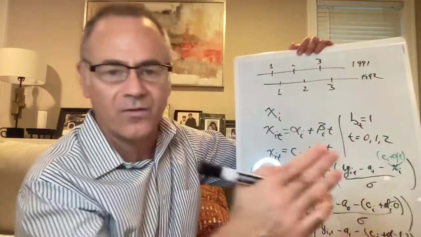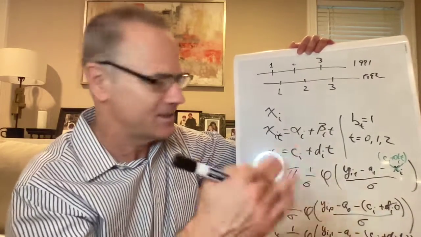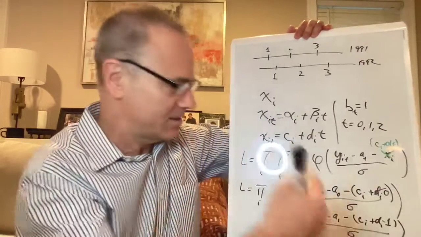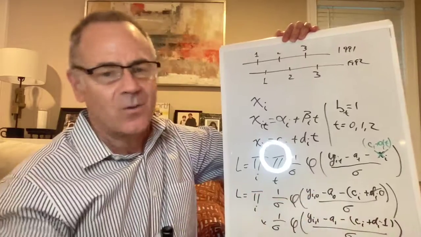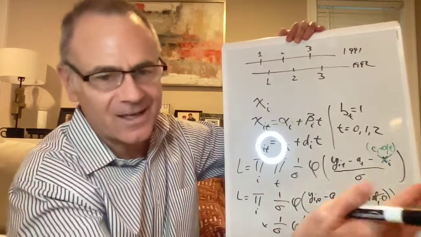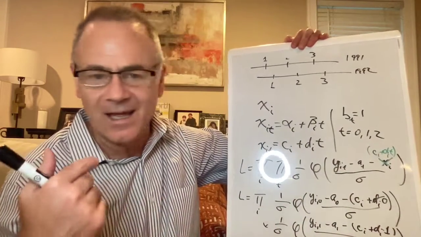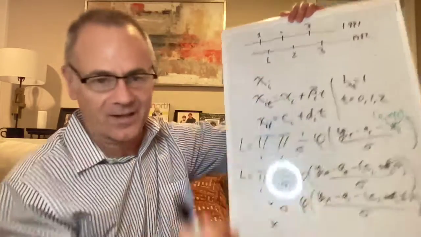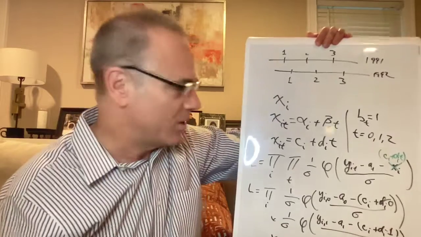You can prove it by adding F or 2F to various parameters. Whatever parameters you get, there's a way to add something to some of them and subtract something from others, and you get the same likelihood function. So there's no way to identify that. That's the problem you are to do on your homework.